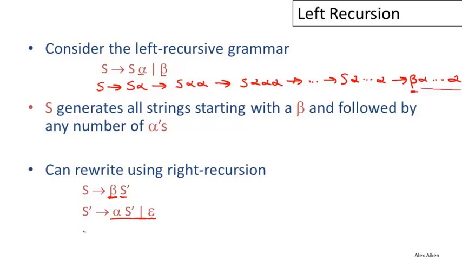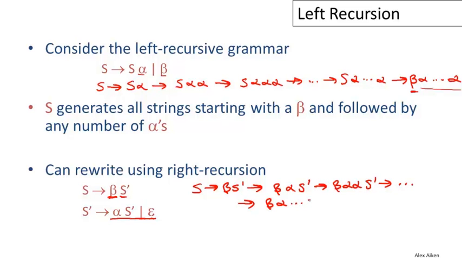And if you write out an example derivation here, we'll have S goes to beta S prime, which goes to, now using the rules for S prime, beta alpha S prime, goes to beta alpha alpha S prime, and after any number of rewrites, we get beta followed by some sequence of alphas followed by S prime.